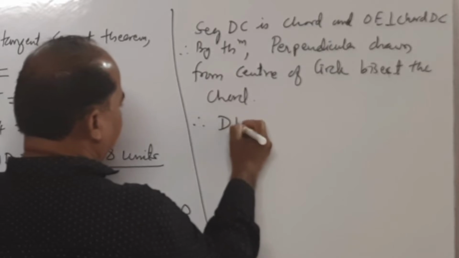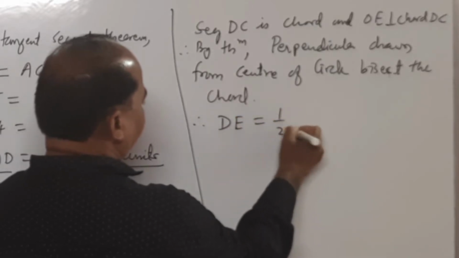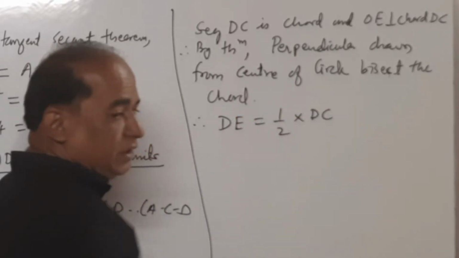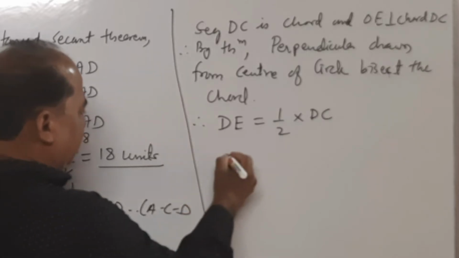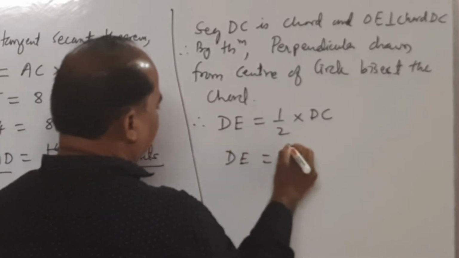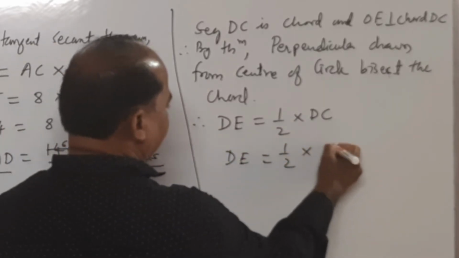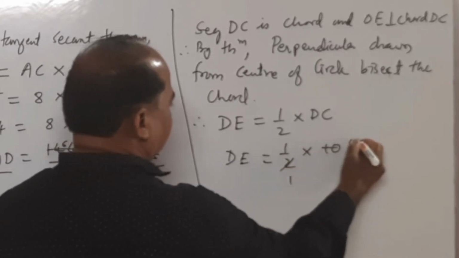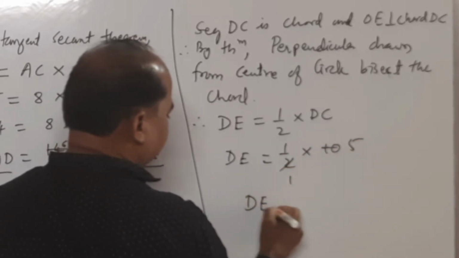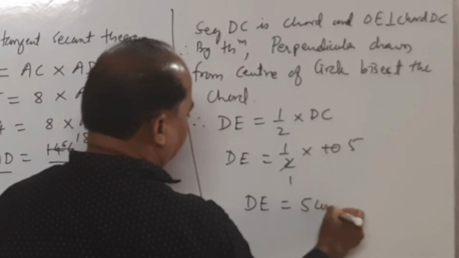So DE is half of DC. So DE is equal to 1 upon 2 into DC, which is 10. So 2 fives are 10. So DE is equal to 5 units.